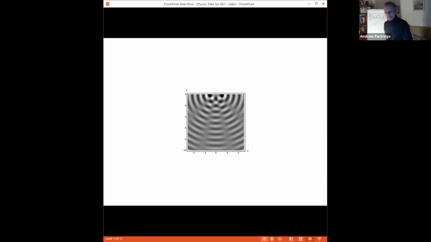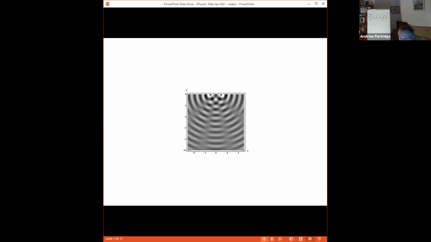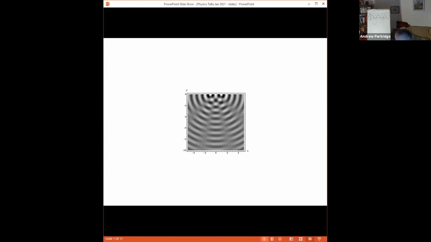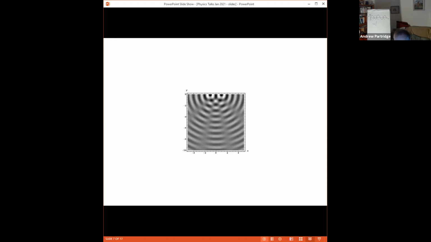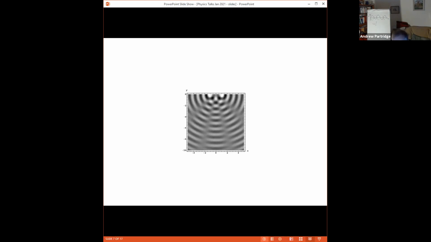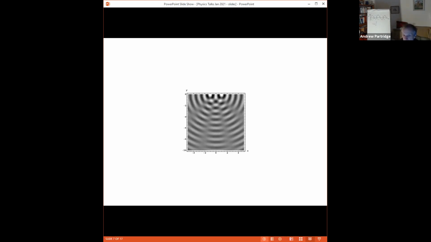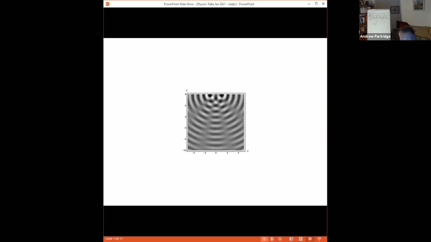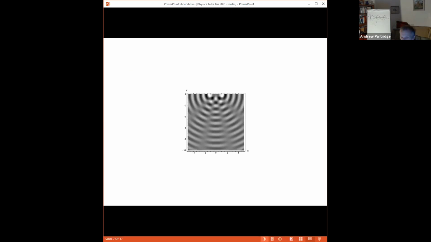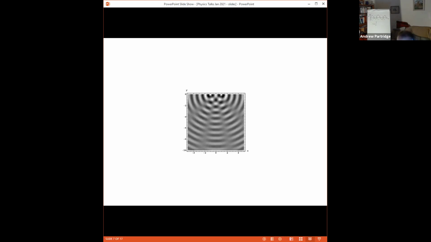This pattern, you can see that in this particular case, the two sources are separated by something which is obviously about the same as the wavelength, which is, you can see the distance between the peaks. So if the sources are only a few wavelengths apart, these bands of brightness and darkness are going to be quite spread out.